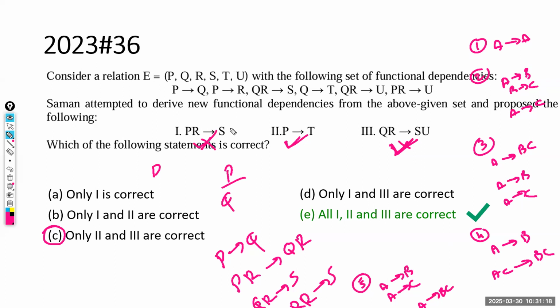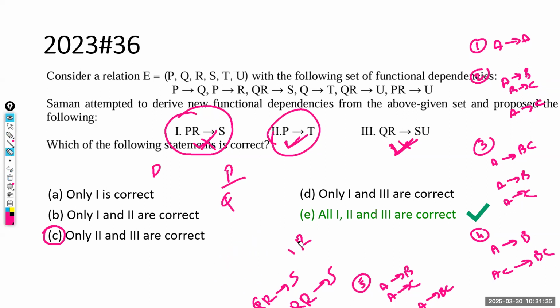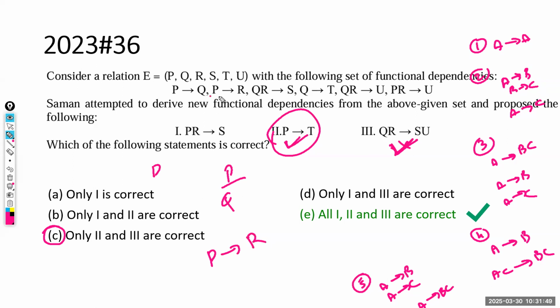So can you explain the second one? You mean referring to this one, last explanation? Yes, sir. Okay, so let me explain it from the beginning again. Right, so we know that P determines R, that is given. But this is PR.